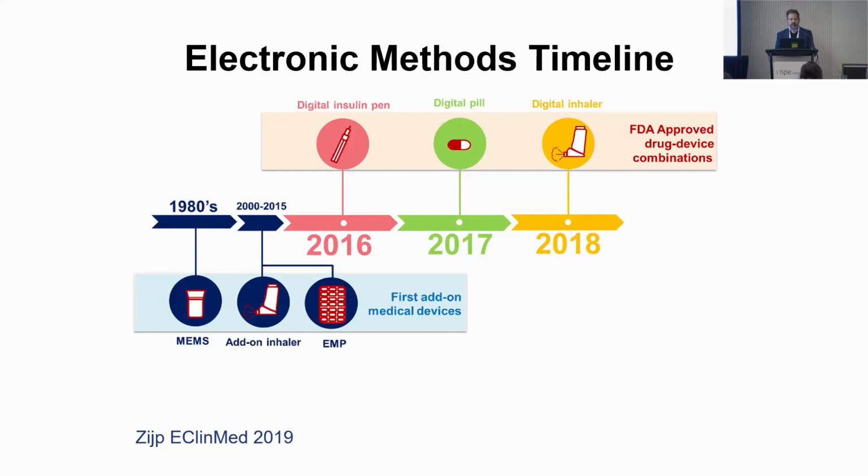So all of these techniques have been developed over the last several decades. In 2017, a digital pill was approved. When I say a digital pill, the medication is packaged in such a way that when it hits stomach acid, it sends out an electronic signal, and that signal is picked up by a detector worn over the stomach, and that can precisely measure when the pill was ingested.